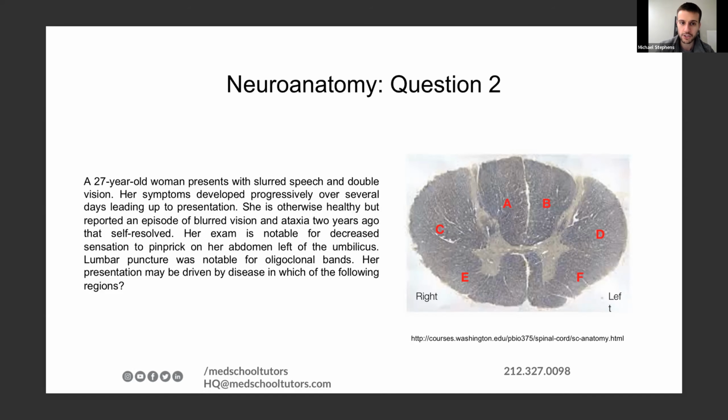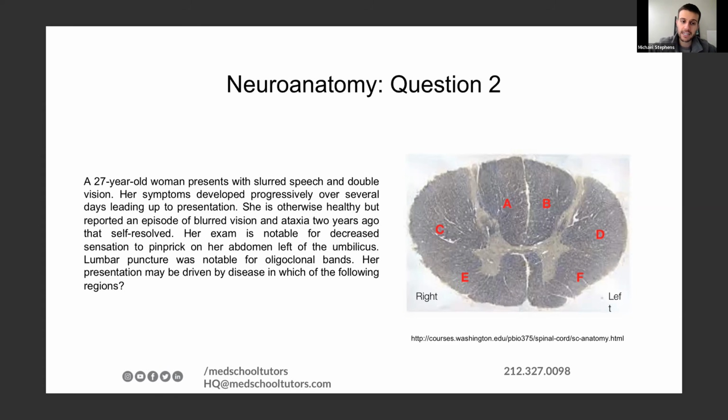So slurred speech, double vision, and then decreased sensation of pinprick on our abdomen left of the umbilicus, that doesn't really fit perfectly with a single point in the brain that I can think of, or in the spinal cord, and it makes you think about dissemination in space. And then she had this episode 2 years ago, a blurred vision and ataxia. So we have dissemination in time too, dissemination in space and time. And then the oligoclonal bands is a little bit of a buzzword.